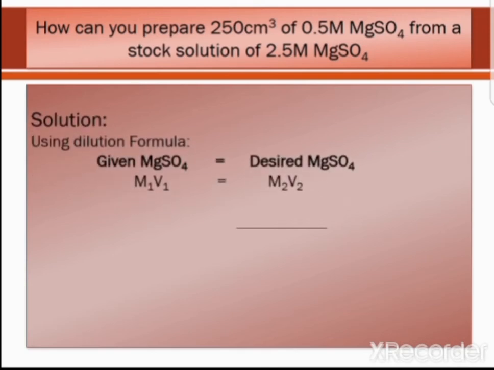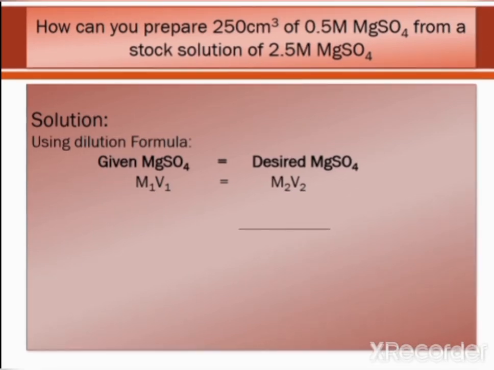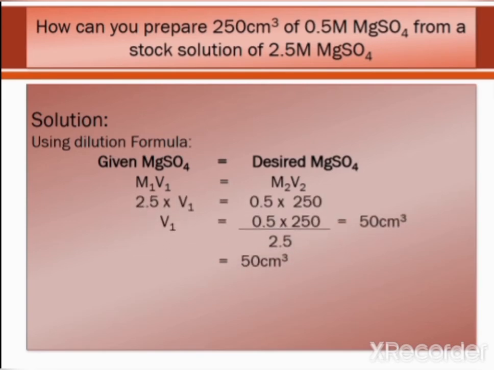Solution. Again we will use the dilution formula. M1V1 is equal to M2V2. M1 is the molarity of the stock solution which is 2.5 into V1 is equal to M2 which is 0.5 into V2 which is 250.